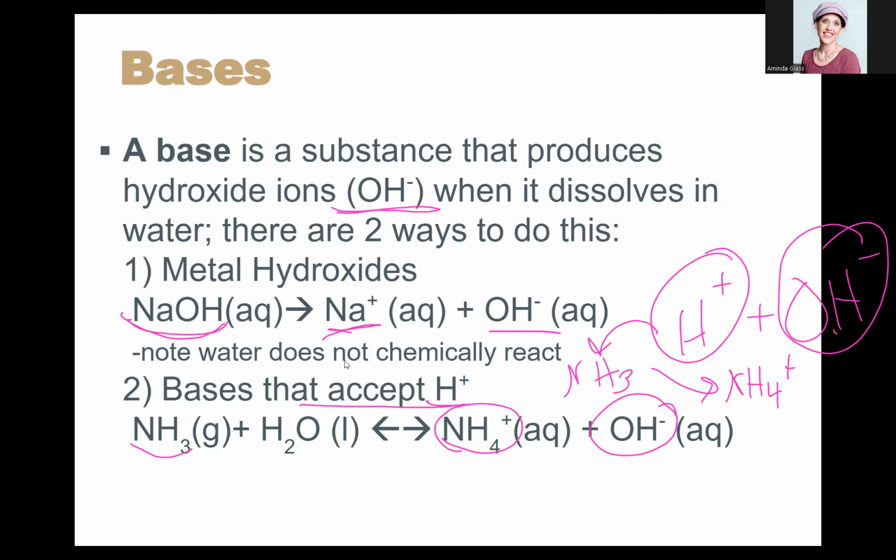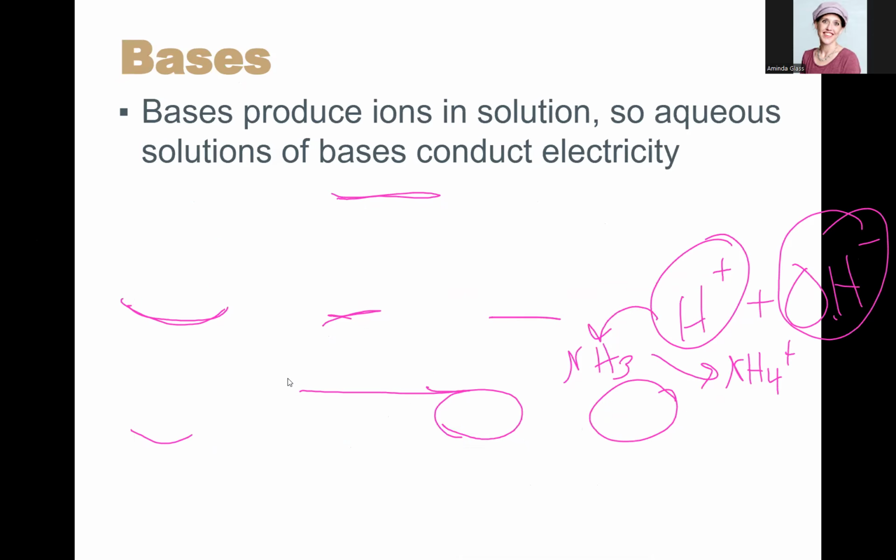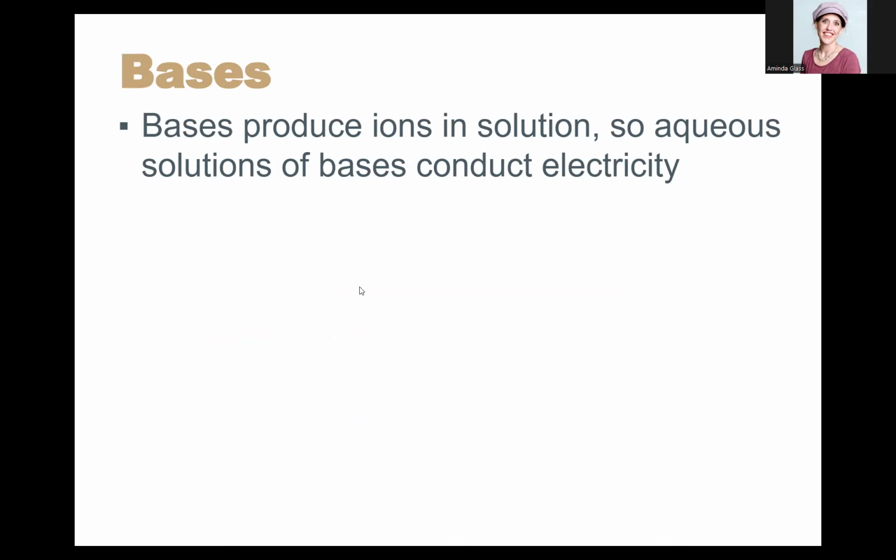So if a base accepts the hydrogen ion, then you're going to have a weak base and a basic solution. Now, bases produce ions in solution, so aqueous solutions of bases conduct electricity, just like acids will.